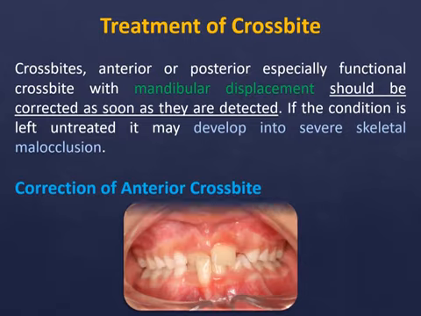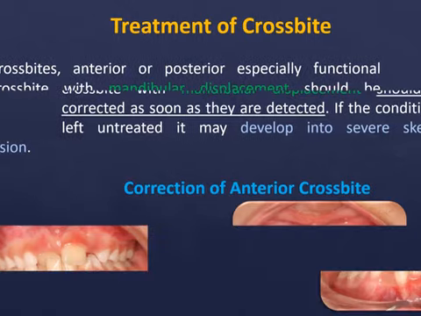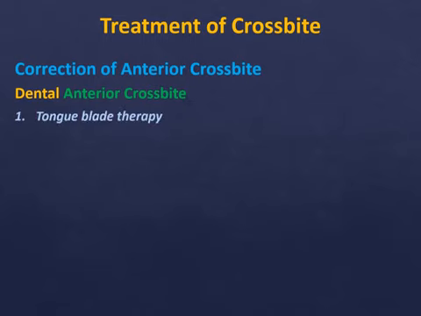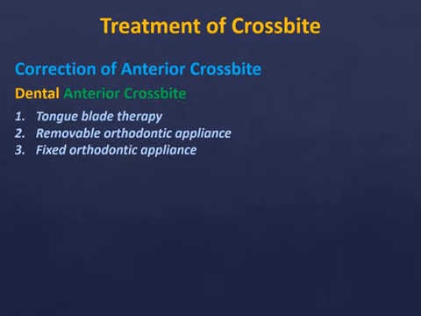So, starting with the anterior crossbite correction. Treatment options of anterior crossbite: in case of dental anterior crossbite, we have either tongue blade therapy, removable orthodontic appliance, or fixed orthodontic appliance.